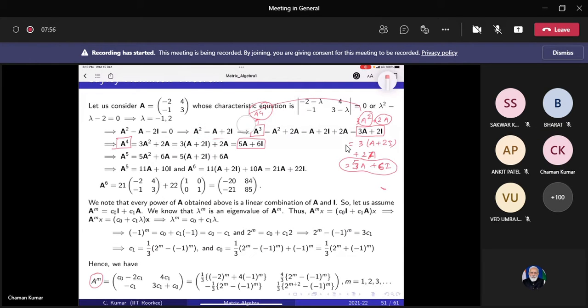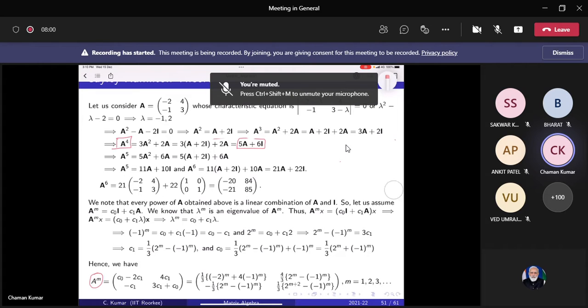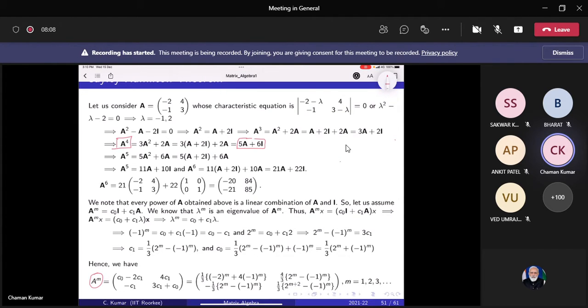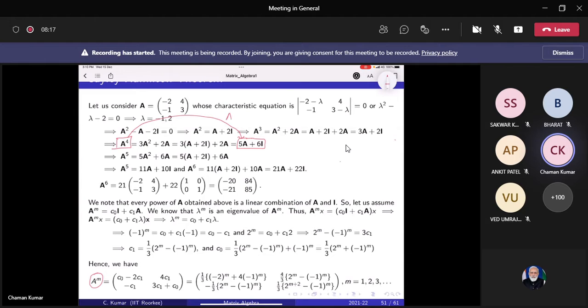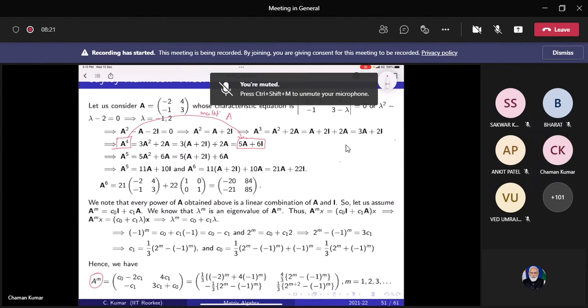Fine. Now you can repeat this process again to get A raised to 5. So we have A raised to 4 is equal to 5A plus 6I. Now you multiply both the sides again by A. So on the left hand side, you have A raised to 5.